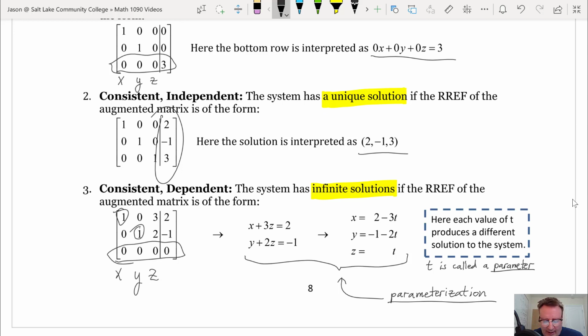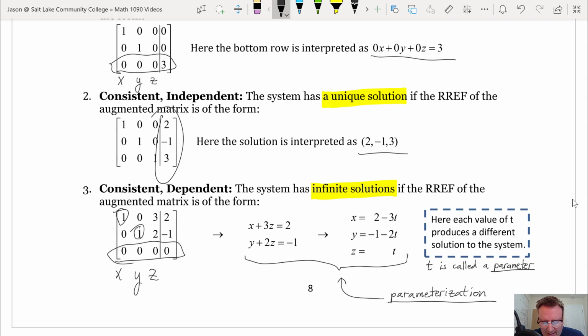So you could just keep using the variable z, but we often switch it to a single variable like t. And I'm going to do an example of this, and I'm going to go into the geometry of the solution set and all. But for right now, all you need to think of is what we do.